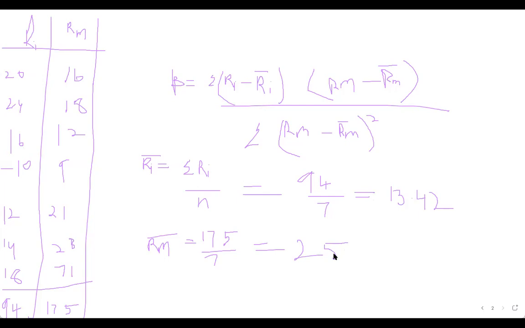So now I'll do Ri minus Ri bar. ठीक है? So that is going to be 20 minus 13.42, 6.58, correct? 6.58. समझ में आ रहा है?